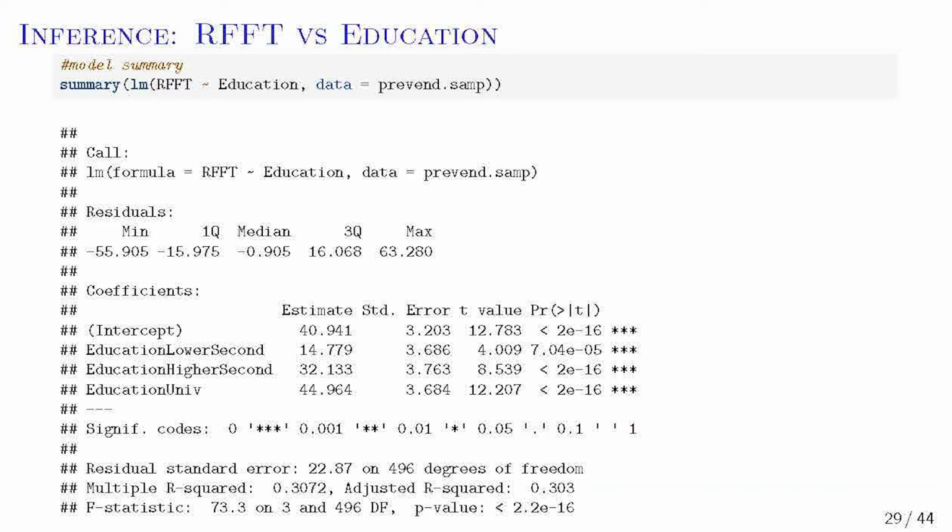Based on this p-value, we can reject the null hypothesis and say that at least one variable is not 0 at about any alpha that you might choose.